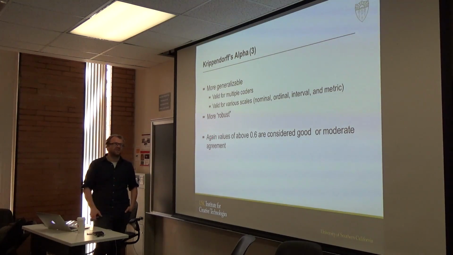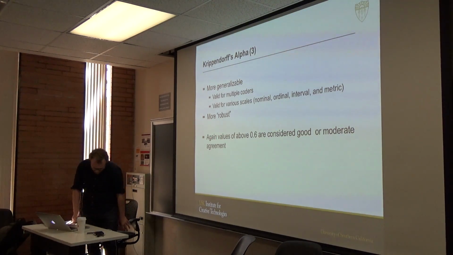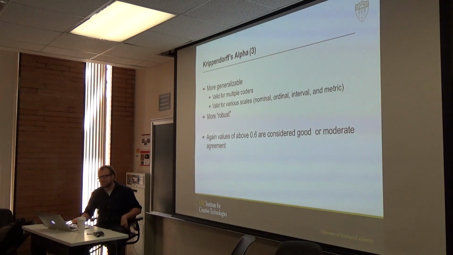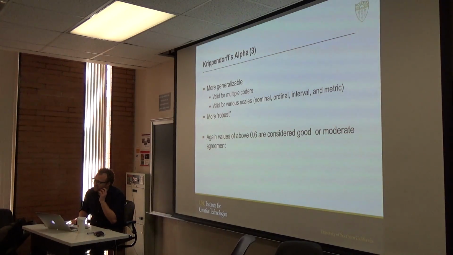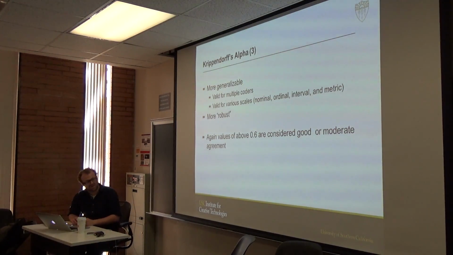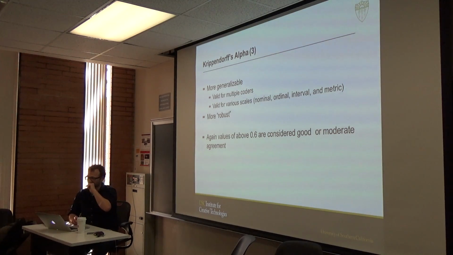We just submitted a paper where we had an agreement of only 0.5, but that was expected. I think it will still go through, but this is just a rule of thumb. 0.6 or 0.7 would be a good value to go ahead with.